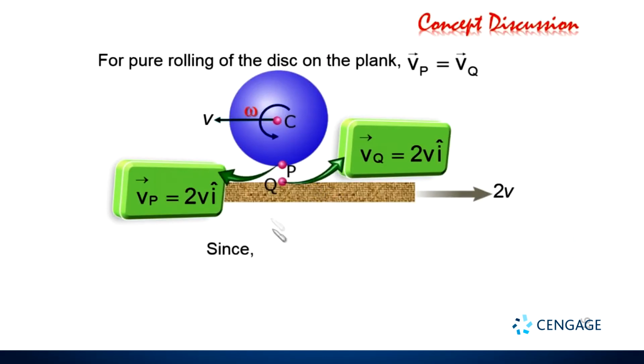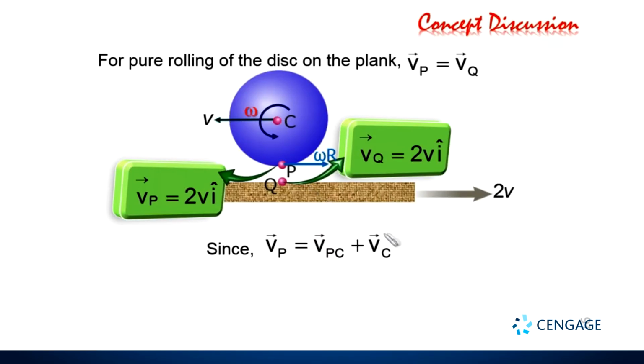We can write velocity of point P in the vector form. What equation should govern? Velocity of point P should be equal to velocity of point P with respect to C plus velocity of C. You can observe this velocity of P with respect to C will occur due to rotation of this, and this rotation velocity is omega and radius of rotation is r. So, this velocity should be equal to omega r in the rightward direction.